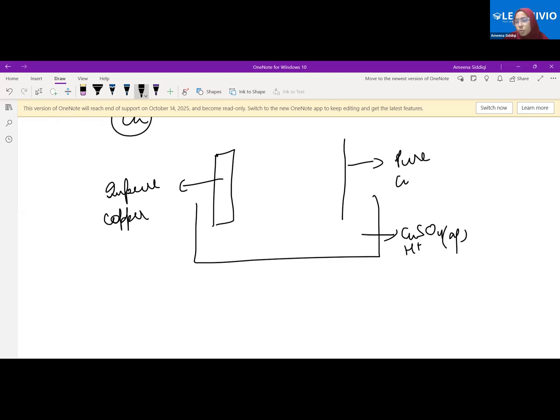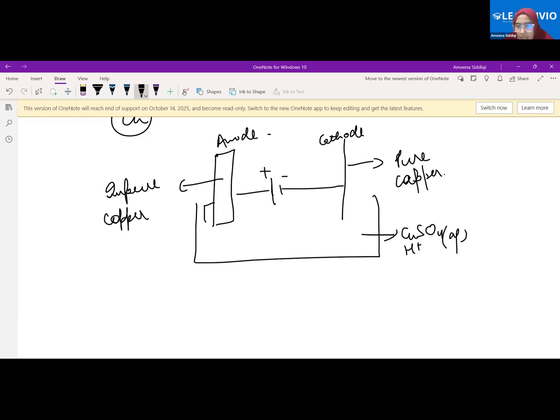Let's suppose I have pure copper, okay. I will pass the current here like this, okay. It will be the anode and it will be the cathode. Clear? Is it clear till here?